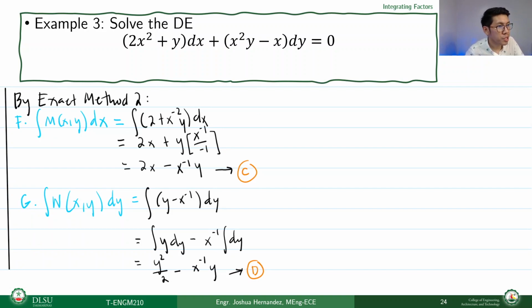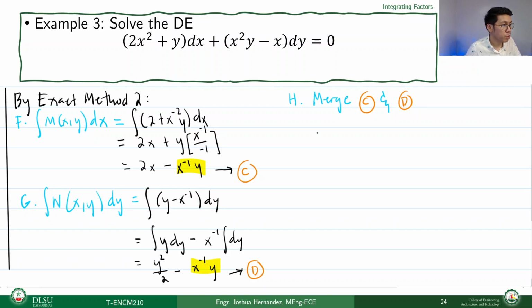And so, merging the two, merge C and D. We can see here that we have a common term, which is x raised to negative 1y and x raised to negative 1y.